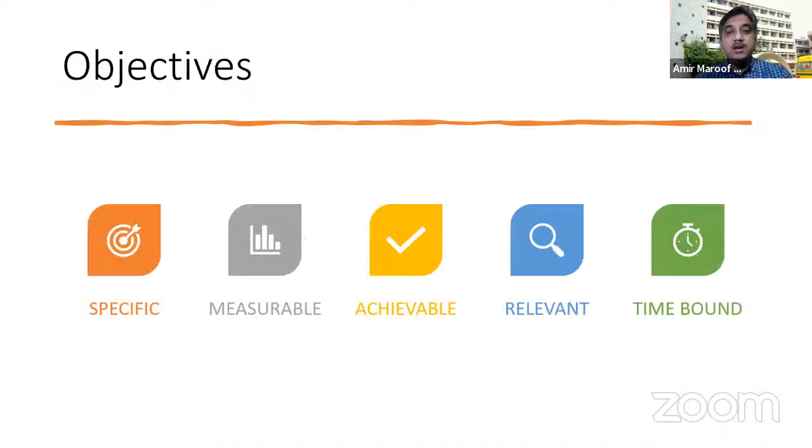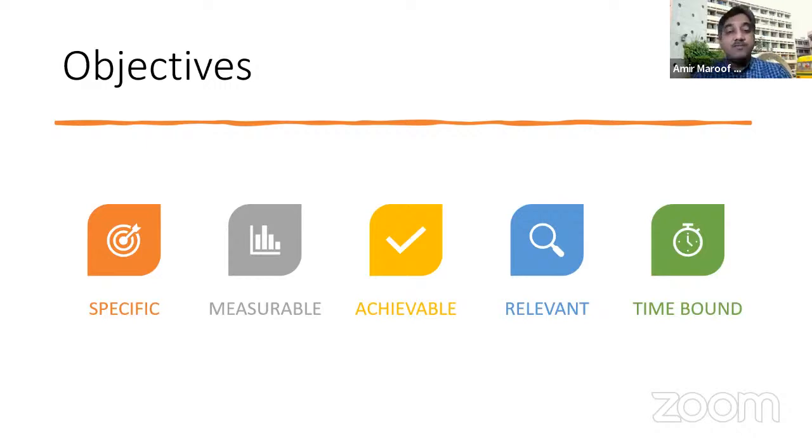Aim leads us to objectives, and objectives have these SMART criteria: specific, measurable, achievable, relevant, time bound. Mainly the main criteria are measurability and feasibility: whether you'll be able to do it or not, whether it is important or not, and whether you can measure it or not.